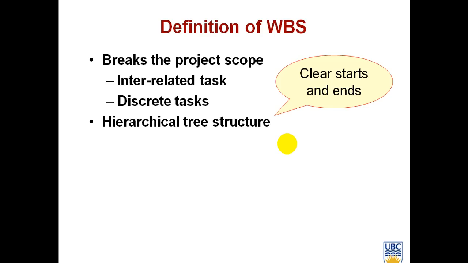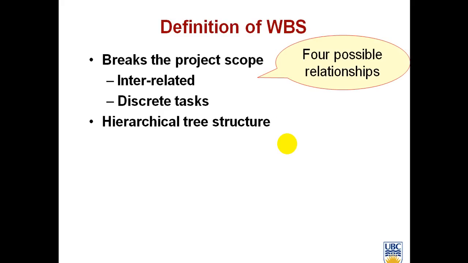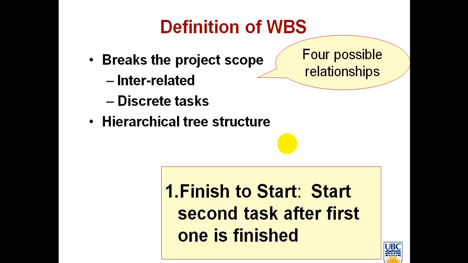Now, one of the most important parts in defining the tasks is to create a logical dependency between them. These tasks are not independent from each other; they are related. Generally speaking, there are 4 possible relationships between these tasks. Number 1, which is the most logical relation, is finish to start.